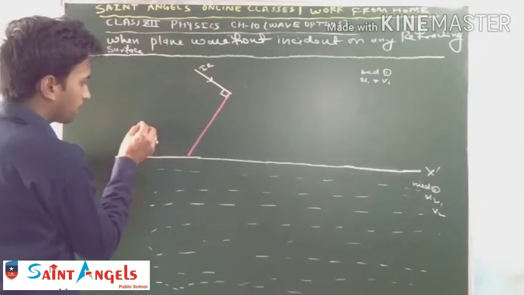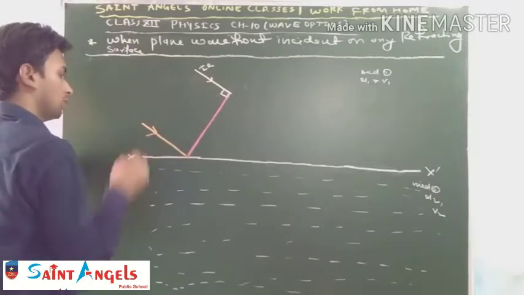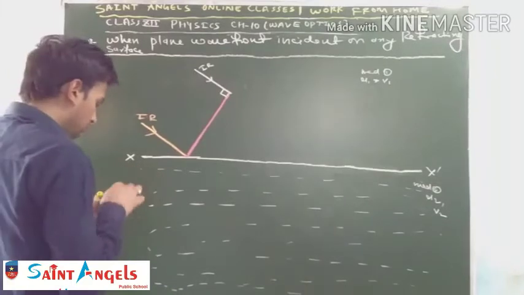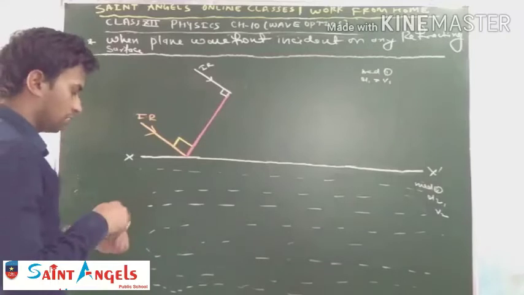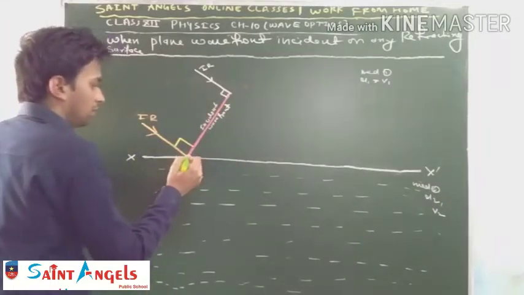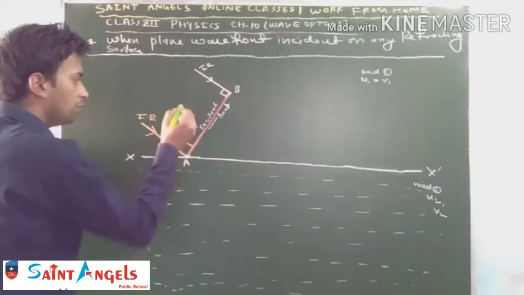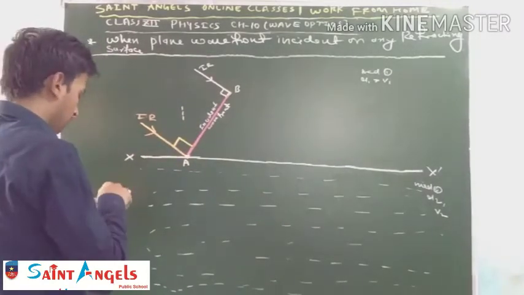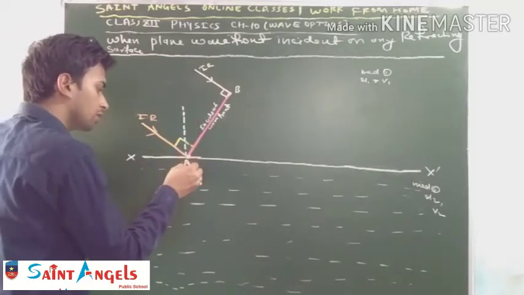Another ray, it is also an incident ray and perpendicular to the incident wavefront. Now we draw the normal, which is perpendicular to the refracting surface.